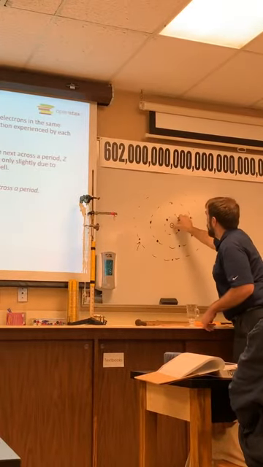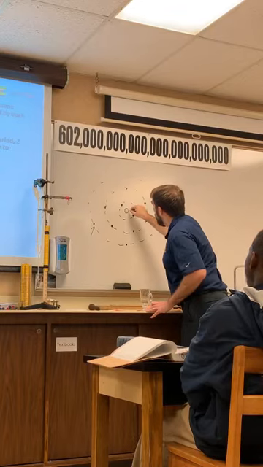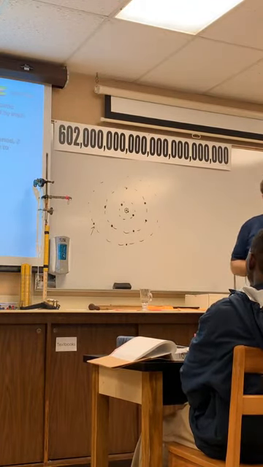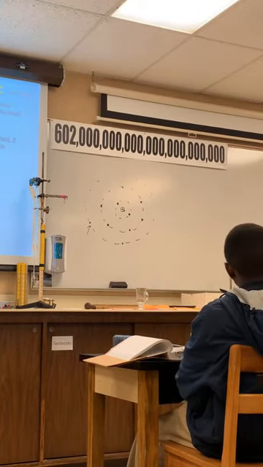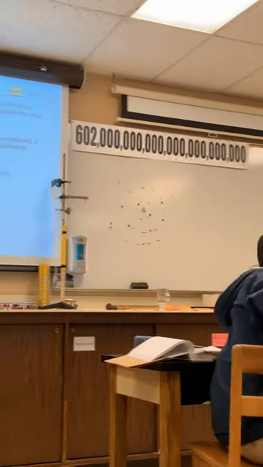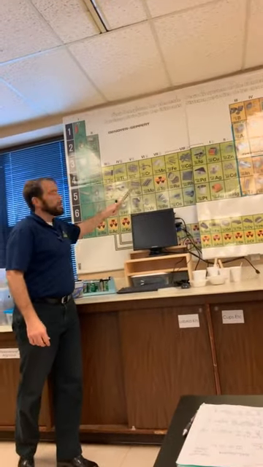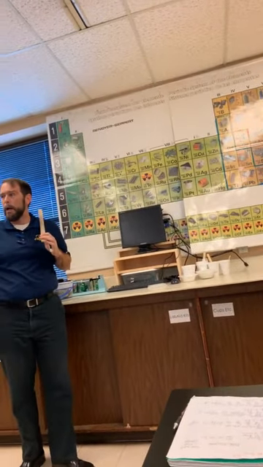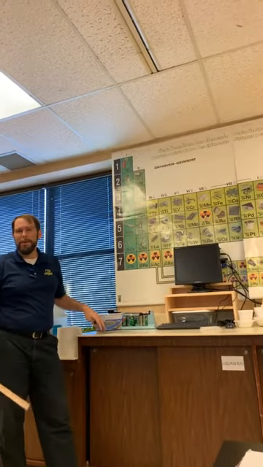However, when we go across the periodic table, we are increasing the atomic number. For example, going across row 4, every time we go to an element further to the right, the atomic number increases. That means we have an extra proton, which means we have more positive charge in the nucleus.